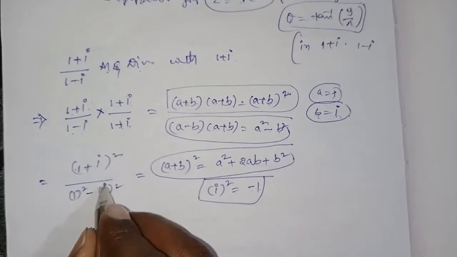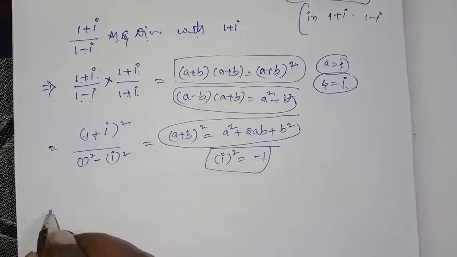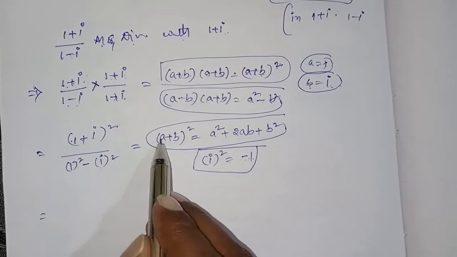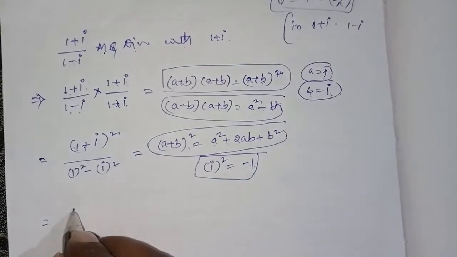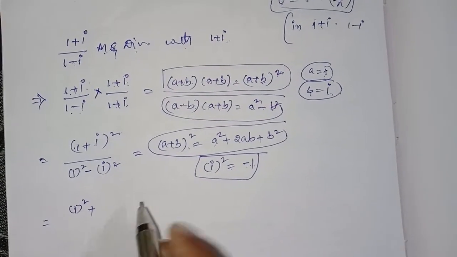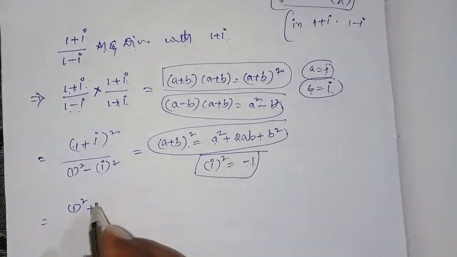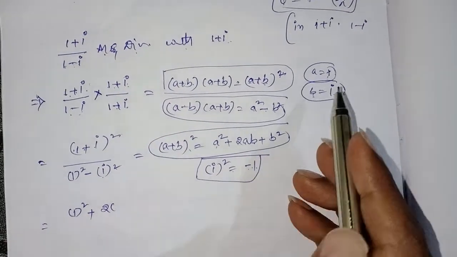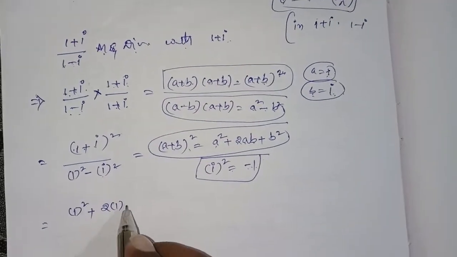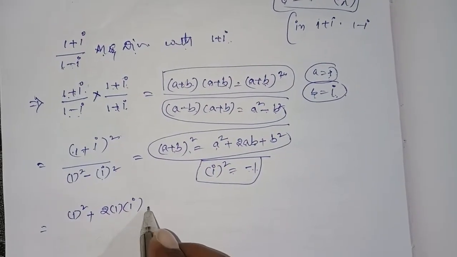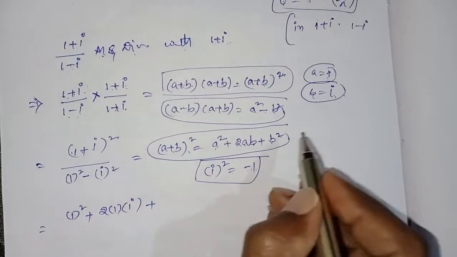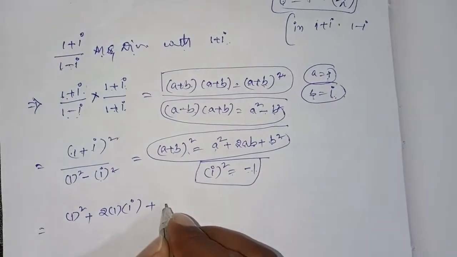In the denominator we have i², so substitute -1. Before that, this is the (a + b)² formula. So a², a is equal to 1, so 1² + 2ab, 2 into a value 1, into b value i, plus b², b is equal to i.